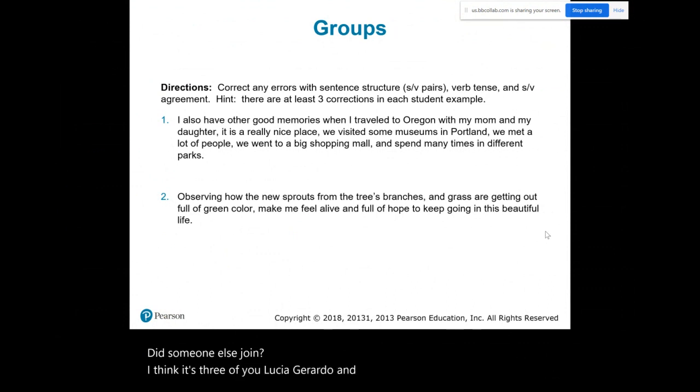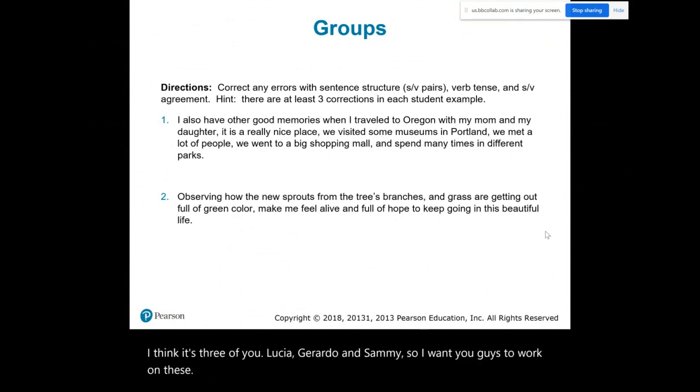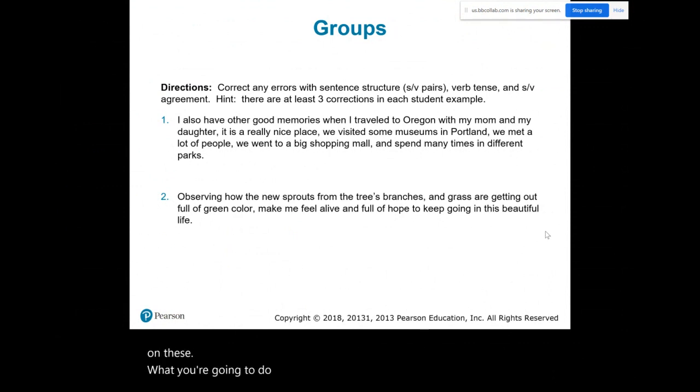So I want you guys to work on these. What you're going to do is correct any errors with the subjects and verbs, the verb tense, and the subject-verb agreement. Okay? We're only focusing on subjects and verbs, basically, okay?